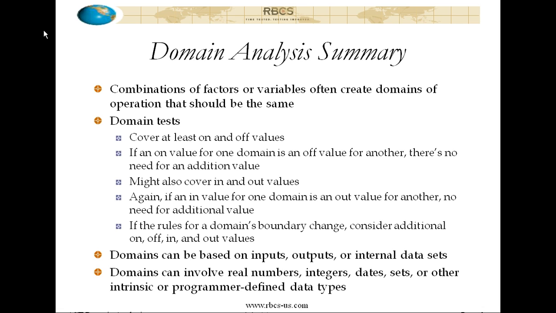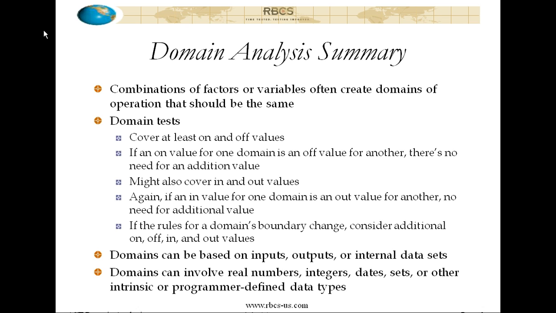So the factors are interacting. The key point is they are interacting in a way that differs. There have to be at least two domains, otherwise there's no point in doing domain analysis. If the interaction is the same throughout the entire equation, then this is not something that you need to use domain analysis for.